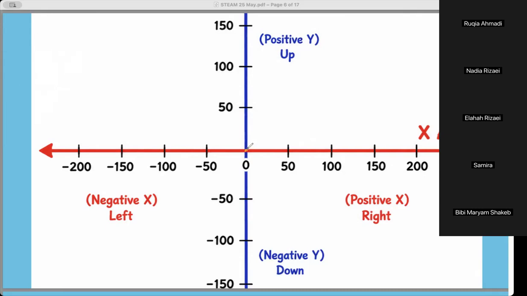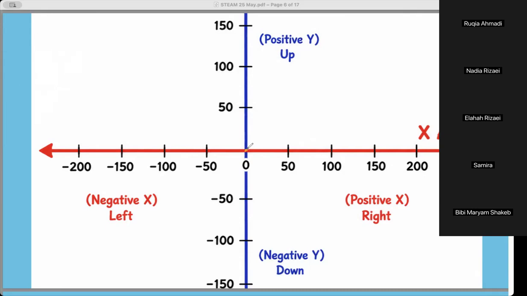Now, coordinates are two numbers that tell us exactly where a sprite or the character is on the Scratch stage. The coordinates use the x-axis and y-axis, okay?